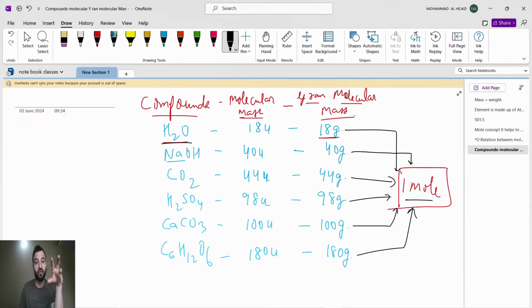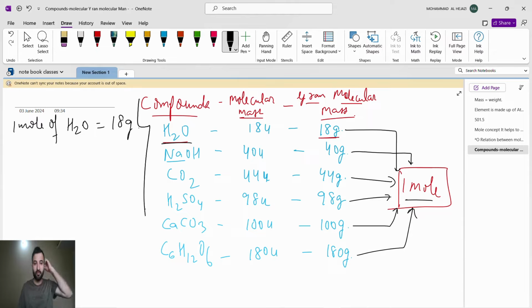Yes, 1 mole of H2O means we will see its weight. I have given you the mole, 1 mole of H2O. What will you find? You will find the gram molecular mass. Then you will get 18 gram. Okay. See, like that only. I will give you the mole, you will give me the gram.